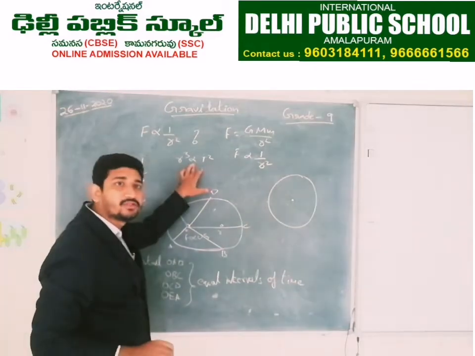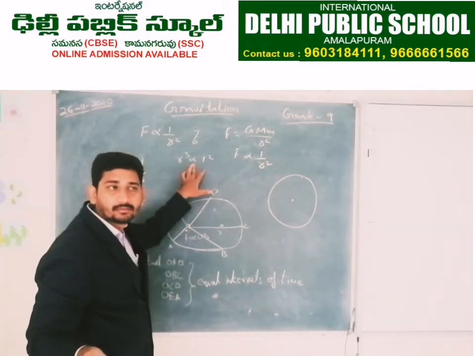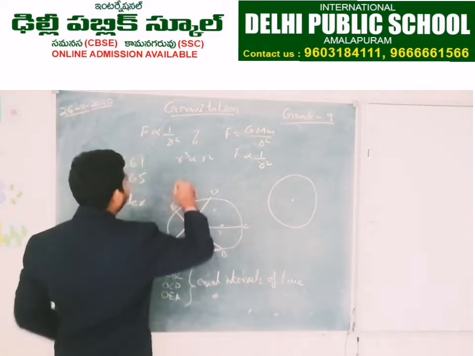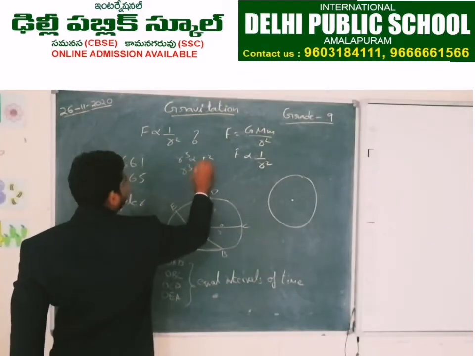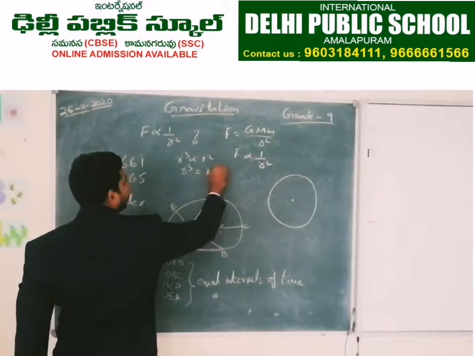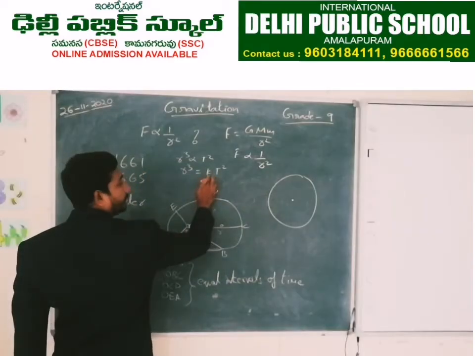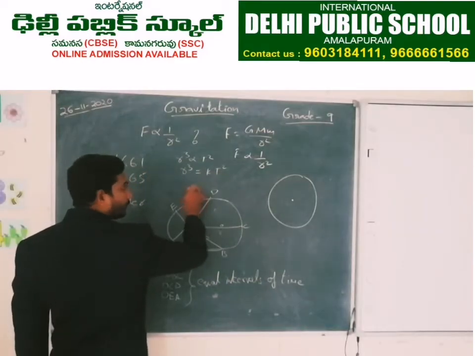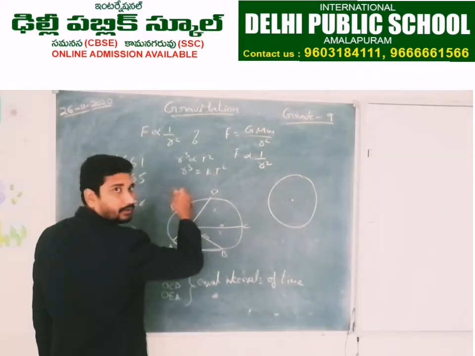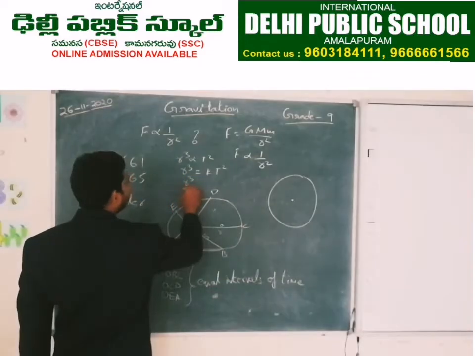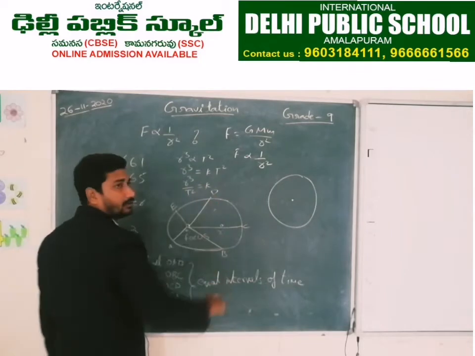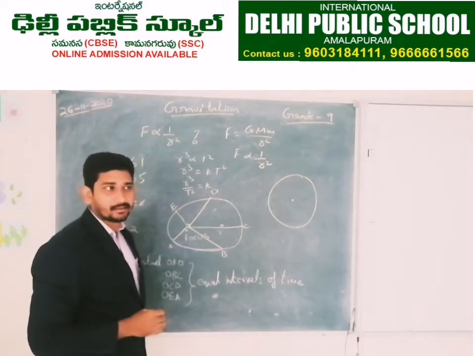To remove the proportionality, what do we have to do? Add a constant. So r cube is equal to some constant k into t square. If we leave k here and bring t here, it will come to the denominator. So r cube by t square is equal to some constant k.